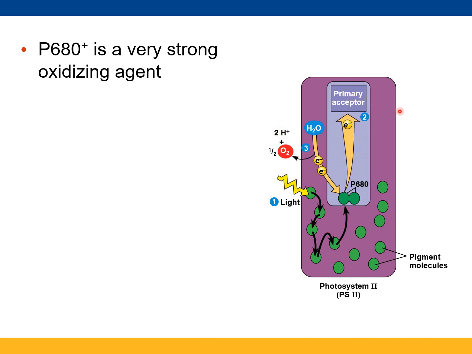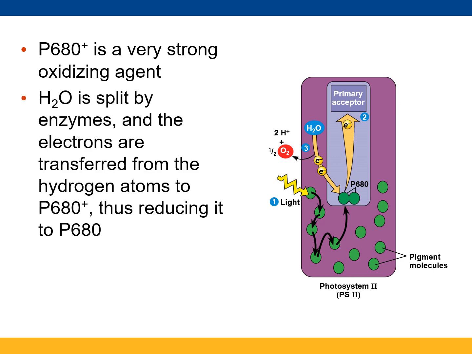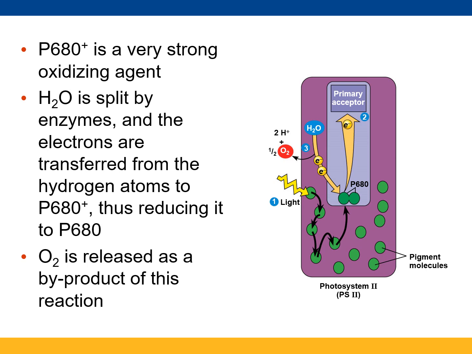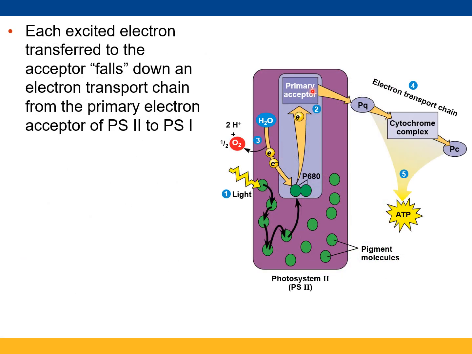Meanwhile, those electrons get handed off to the electron transport chain. I think this is a phytochrome, but I'm not sure, I forget now. And it's a cytochrome complex, just a lot like electron transport in mitochondria. And we're pumping protons.